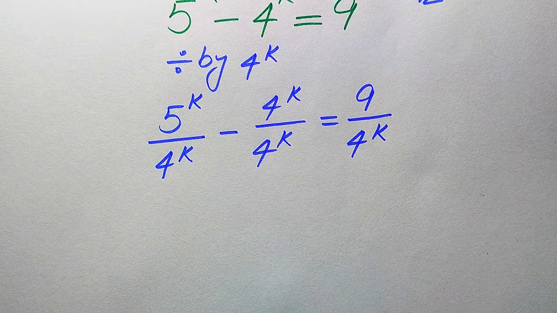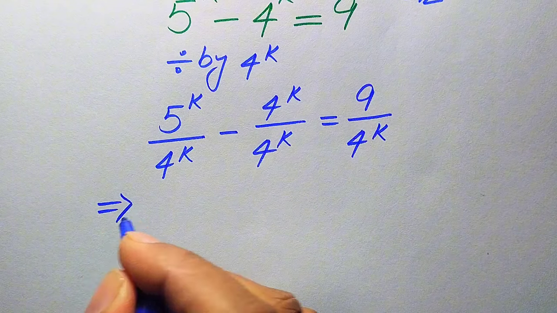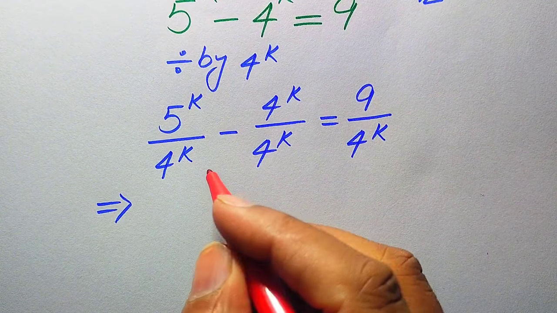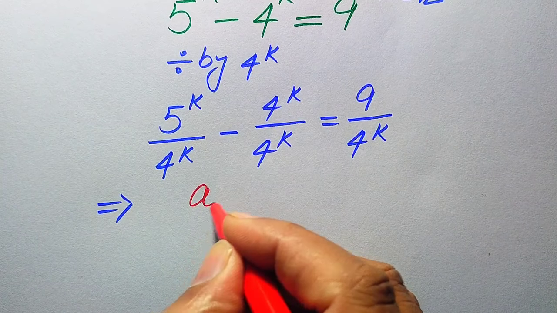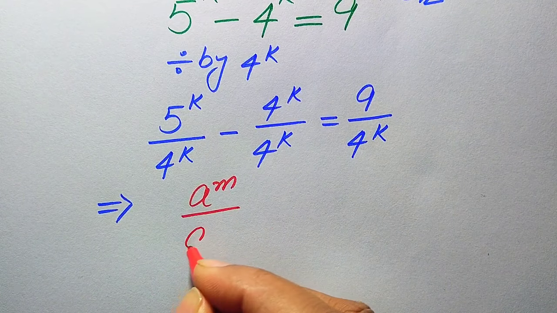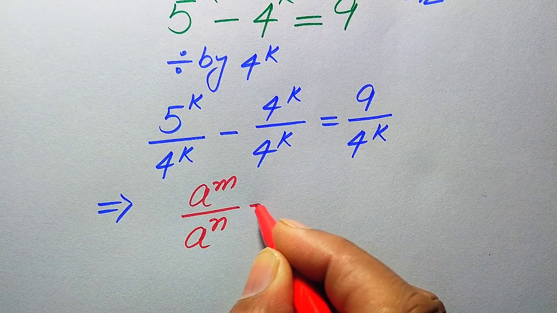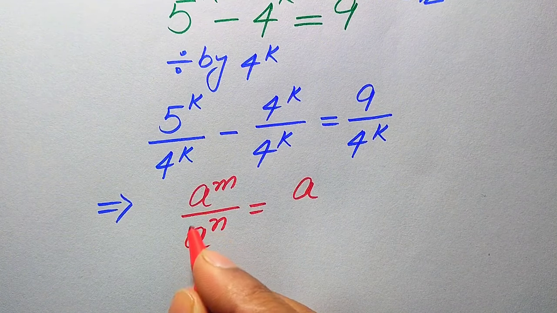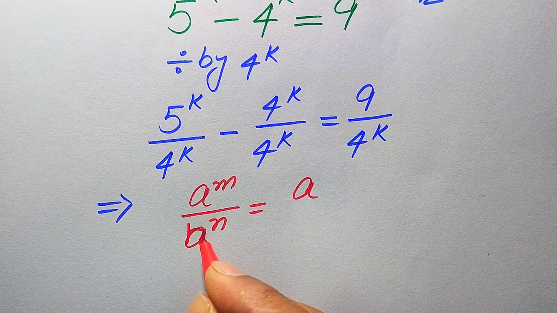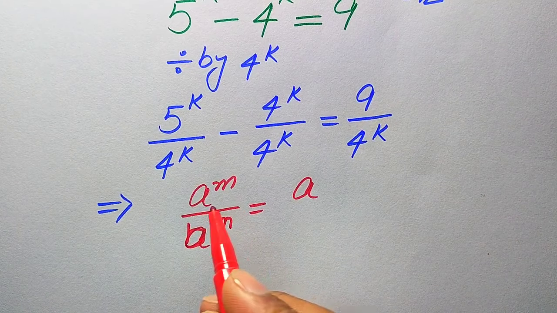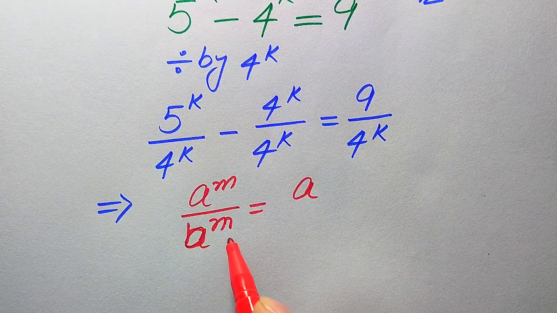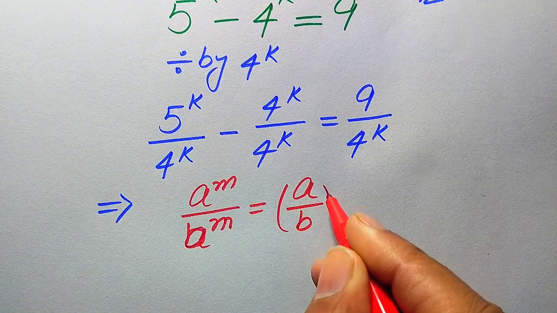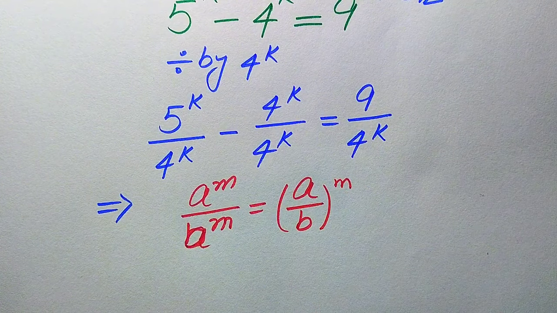Now in the next step we need more simplification, and here we use the exponential rule. If we have a to the power of m divided by b to the power of m, with two different bases, we write it as a divided by b, and its whole power is m.